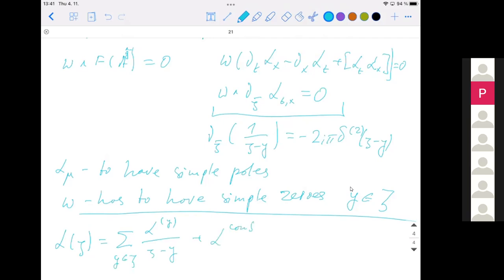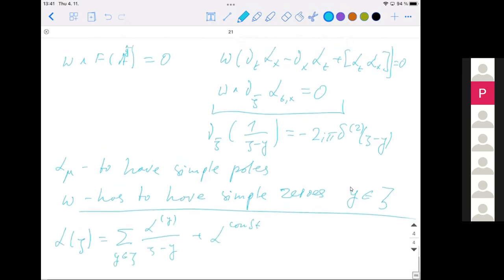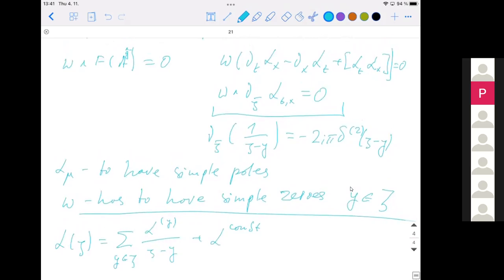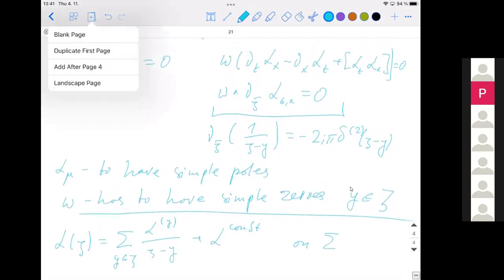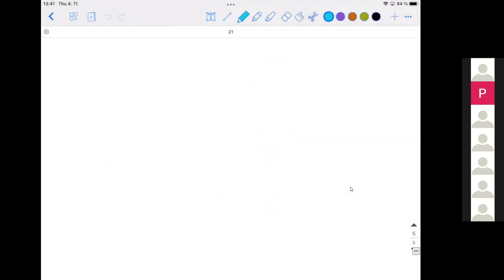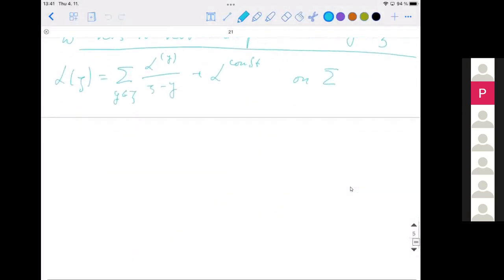The constant part. And these are just one-forms on a two-dimensional manifold. Okay.